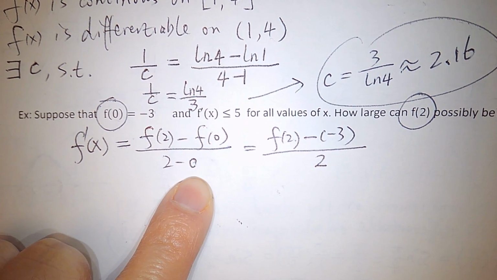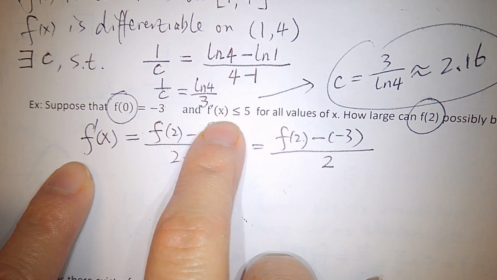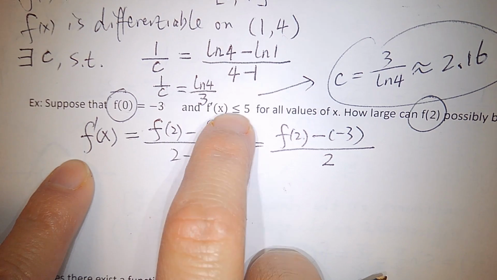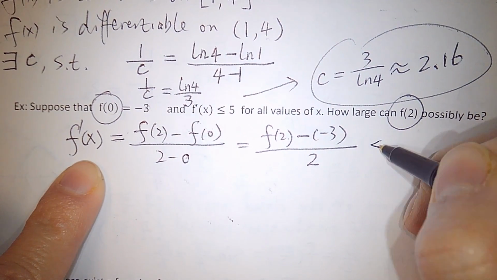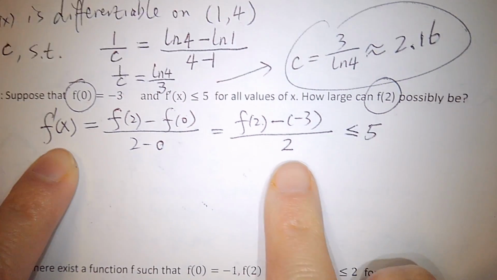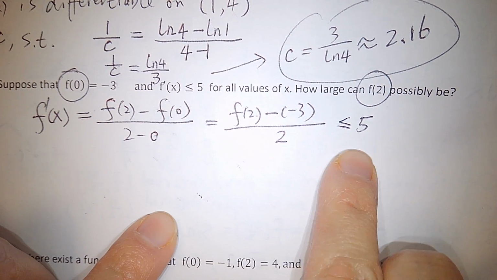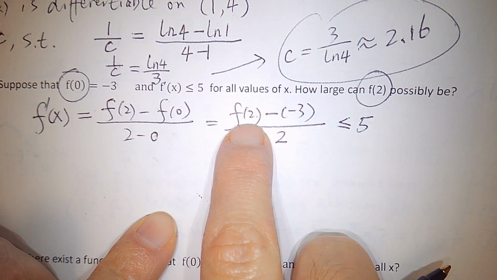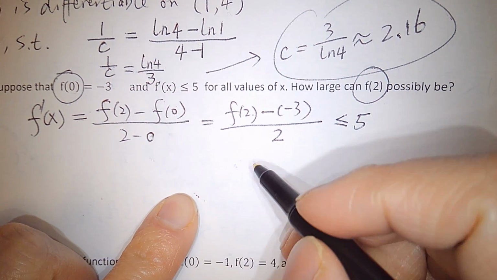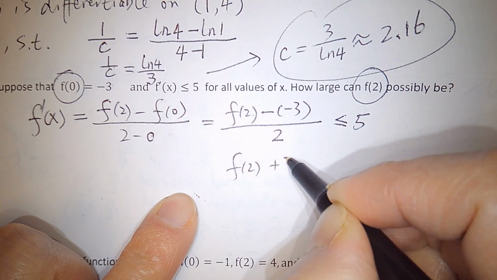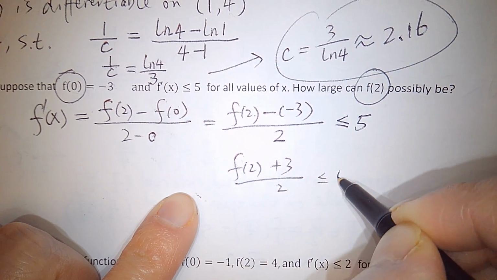It says the derivative of f cannot be greater than or equal to 5. So it's always less than or equal to 5. Now from this inequality, can you find the f of 2 value? So f of 2 plus 3, over 2, is less than or equal to 5.